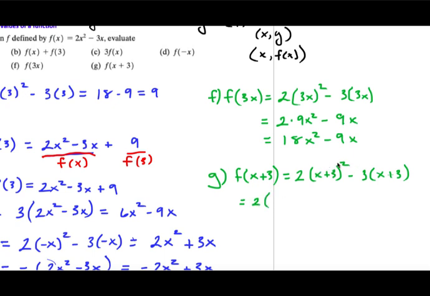So you're going to FOIL that, and I won't go through that step here, but you're going to multiply x plus 3 times x plus 3, and you should get x squared plus 6x plus 9 minus 3x minus 9, because you've got the negative 3 times x, and you've got the negative 3 times 3, which is a negative 9. And so we can distribute the 2.